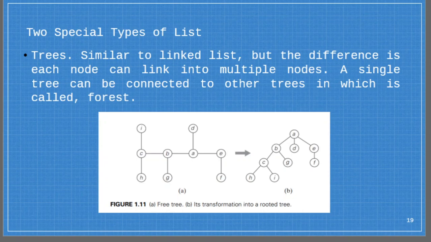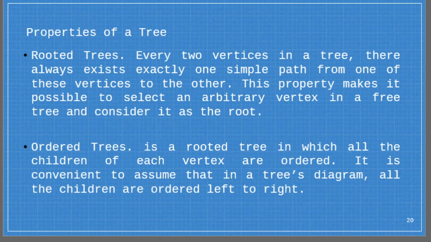That is the only difference between trees and linked lists. So, we have properties of a tree. We have the rooted trees and the ordered trees. For rooted trees, for every two vertices in a tree, there always exists exactly one simple path from one of these vertices to the other.